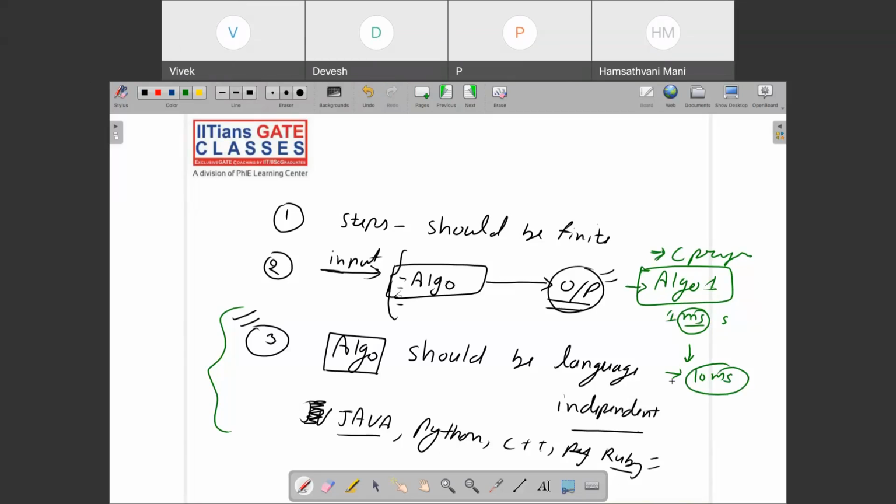Because once we provide very large input, this gap decreases. So our algorithm should be programming independent. Generally, they are programming independent. What I'm trying to say here is, if a C program is taking only 1 millisecond and Python is taking 10 milliseconds or even 100 milliseconds, that is not a very huge difference.